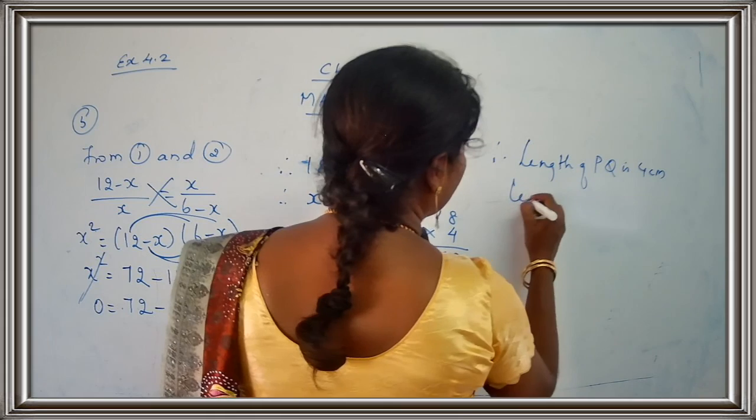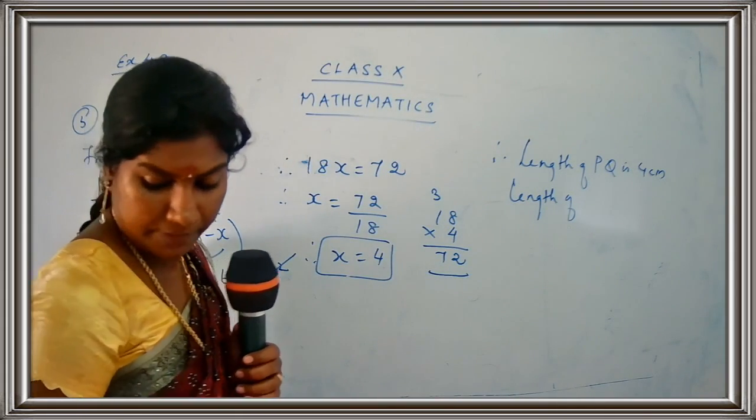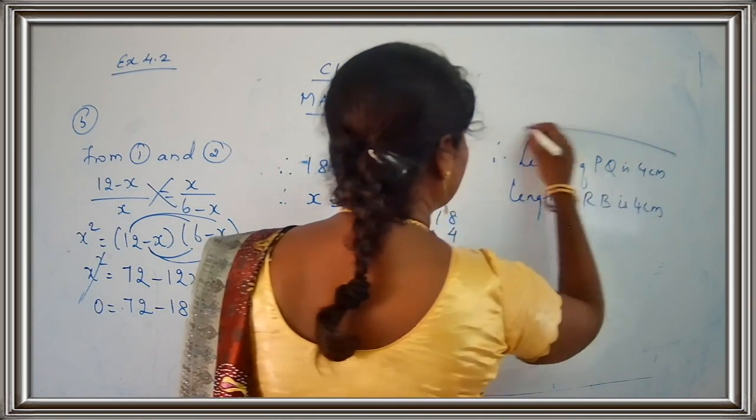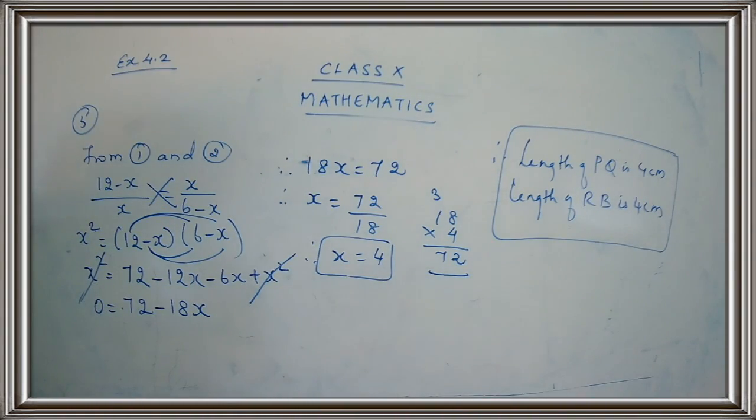You can write down, therefore, find the sides. So write down, length of PQ is, what is the unit given to you? Centimeter. So length of PQ is 4 centimeter, and length of RB is 4 centimeter.